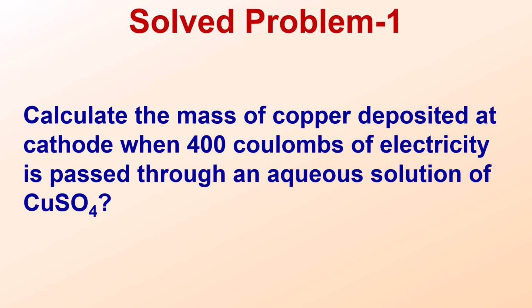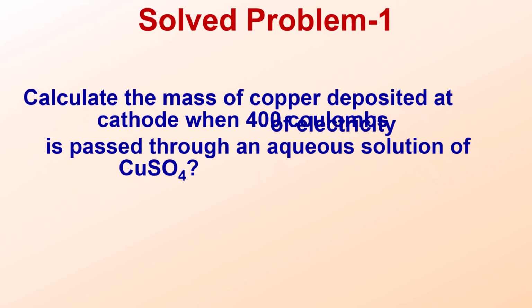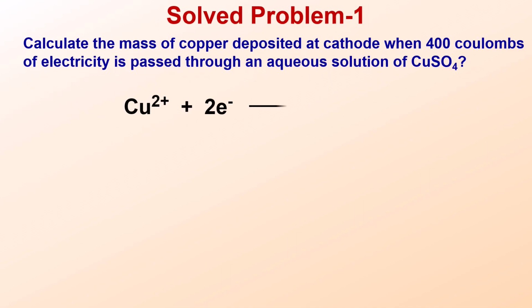Now let us solve a numerical problem. Calculate the mass of copper deposited at cathode when 400 coulombs of electricity is passed through an aqueous solution of copper sulfate. During electrolysis, copper 2 plus ions are reduced at the cathode to metallic copper.